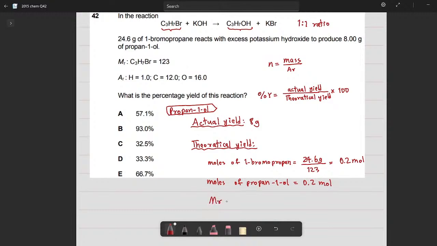The Mr for propan-1-ol is 3 times 12, plus 8 hydrogens, 8 times 1, since we have the OH, plus 1 oxygen, which is 16. This gives us a total of 60 grams per mole.